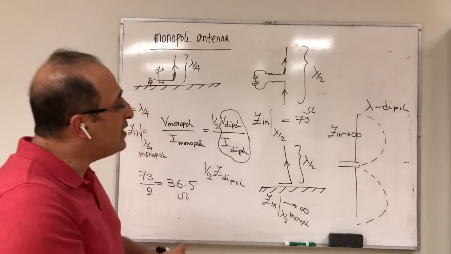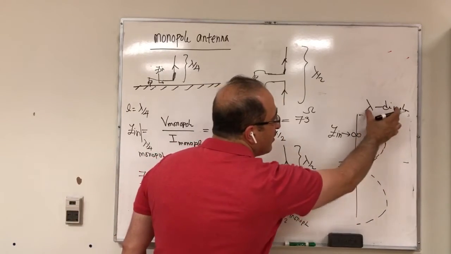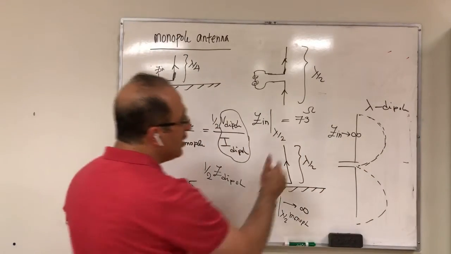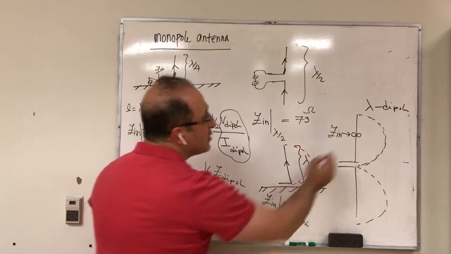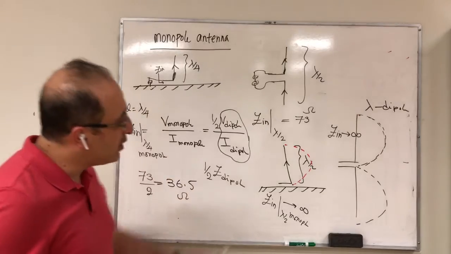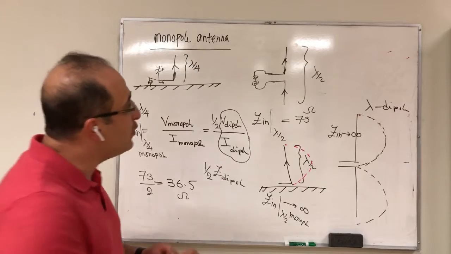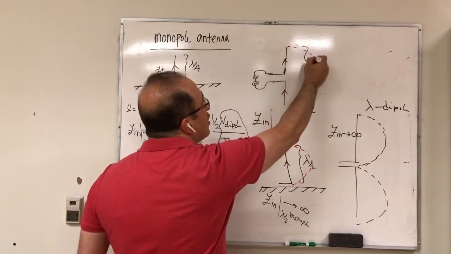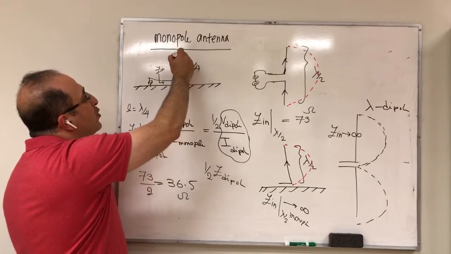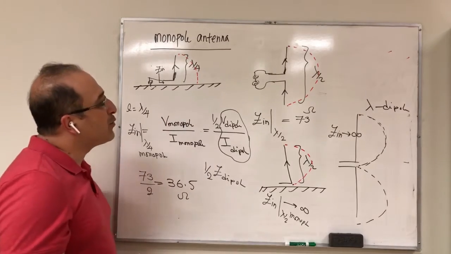And this is exactly what you expect, because if this is the current distribution of the full wavelength dipole, the current distribution of the half wavelength monopole becomes essentially this. Just to here, and then you see current goes to 0, therefore input impedance goes to infinity. And if you look at the current distribution of the half wavelength dipole, it is like that. And if you plot it for the quarter wavelength monopole, it would be like this. So this is now the appropriate one.